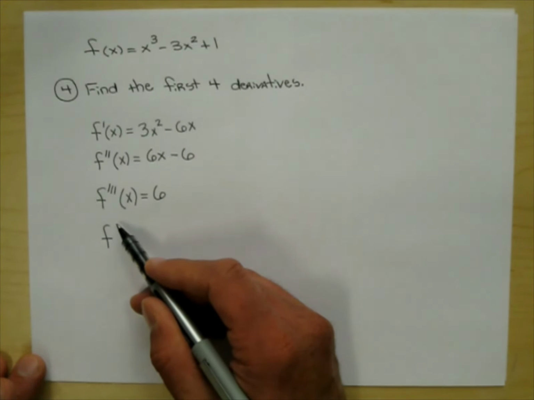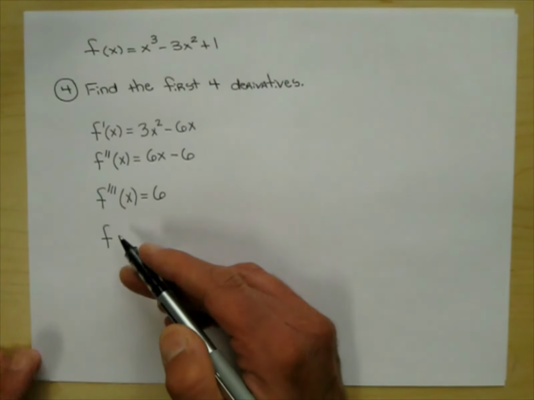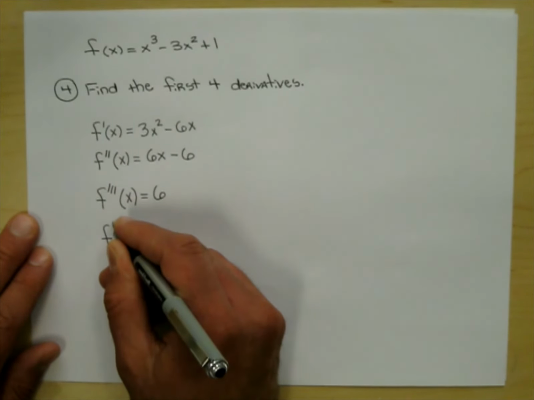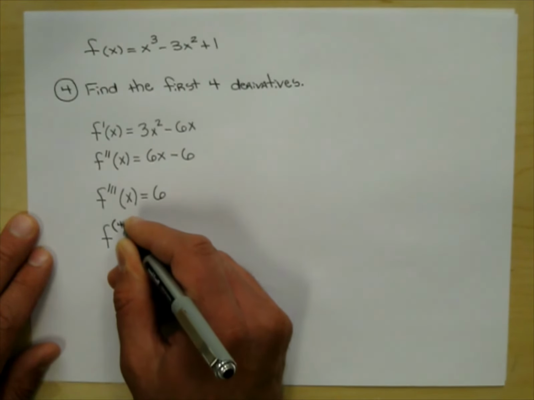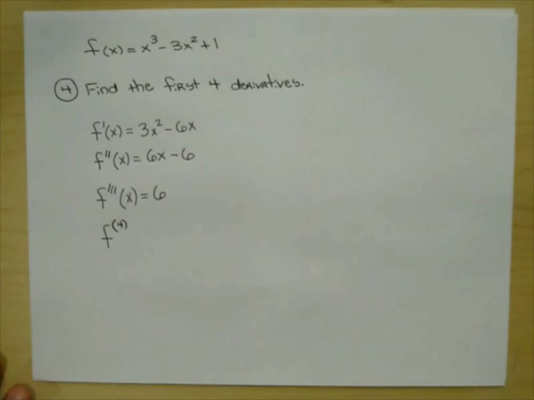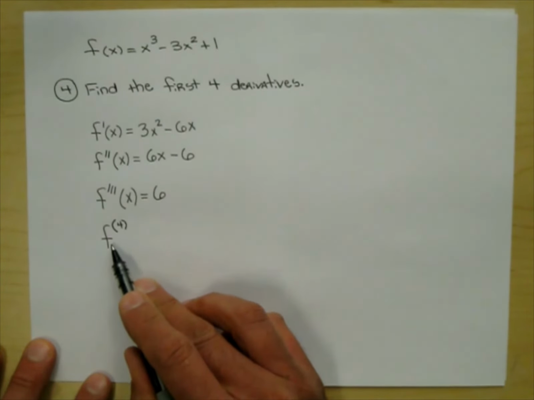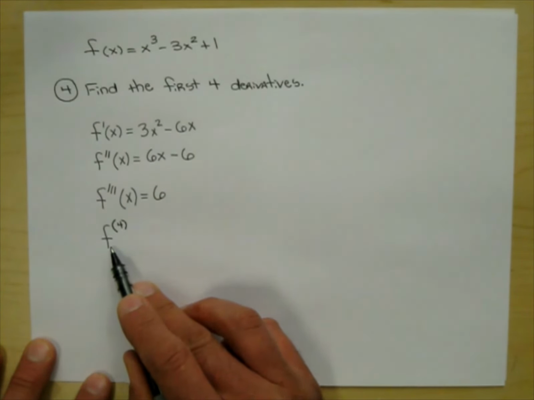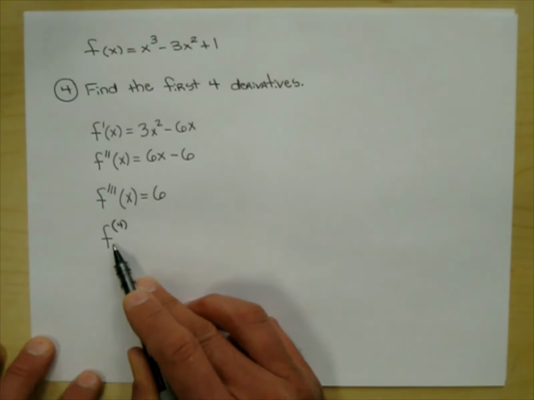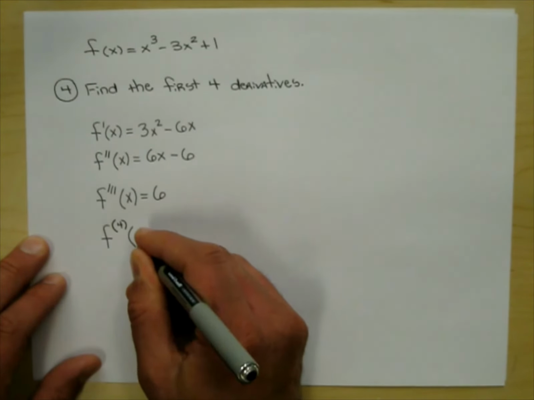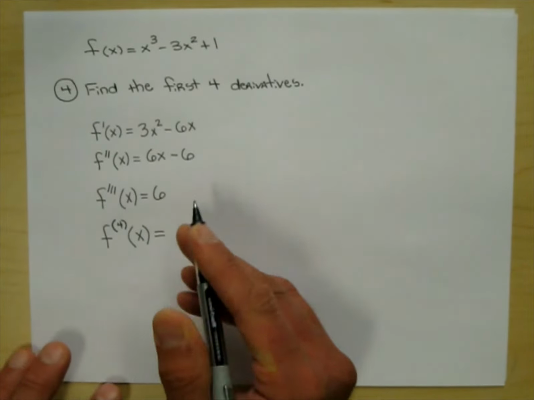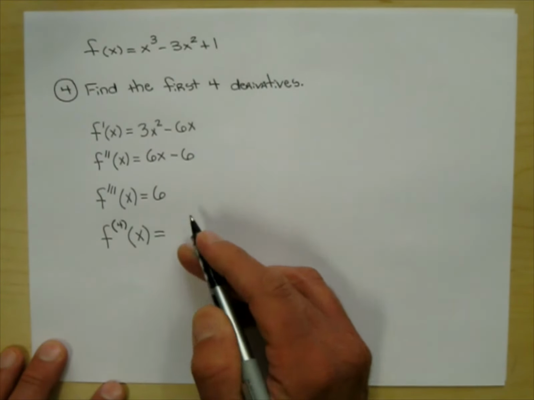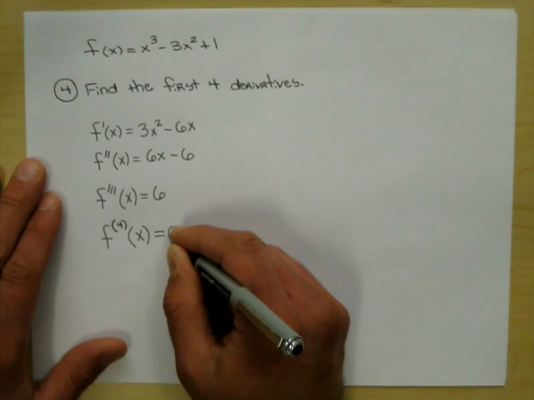So the convention is beyond 3 derivatives, the 4th derivative and higher, you put a 4 within parentheses. That can't be an exponent because of the parentheses. That's a derivative, the 4th derivative of x. How weird is this? And what is the 4th derivative when you zap 6 with the derivative gun? It is 0.